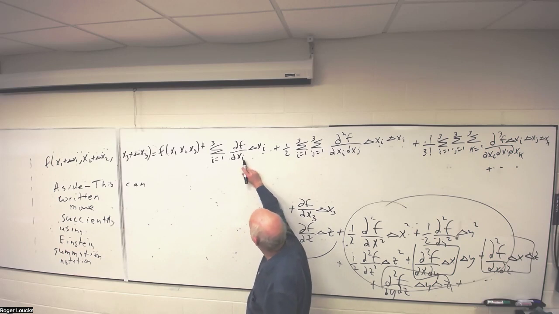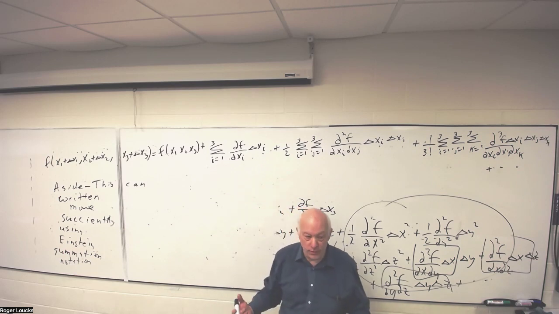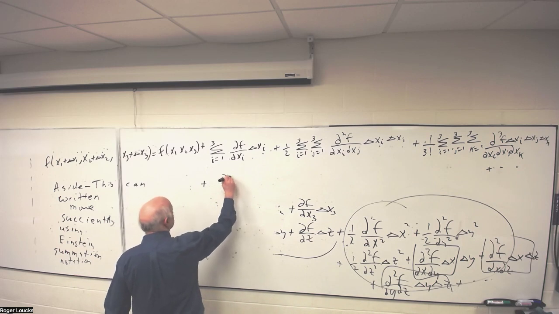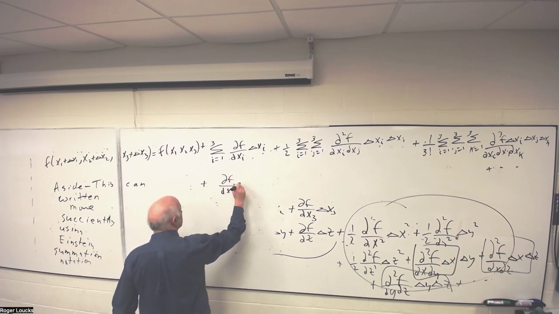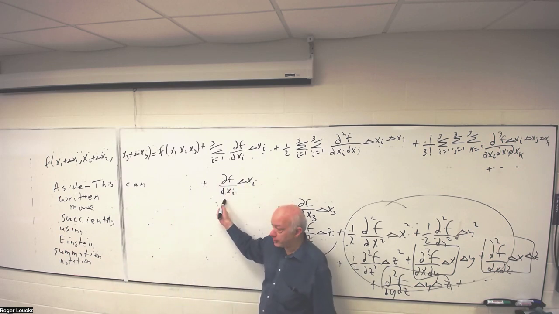So there's an implied sum. Since that sum is implied, why bother with the sum? You can just write this as partial phi over partial xi, with the sum implied. So this one term actually implies 3 terms.